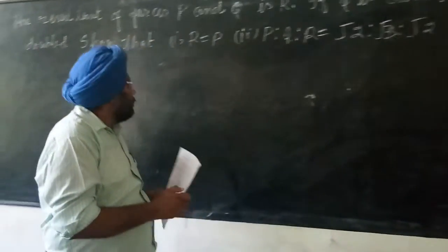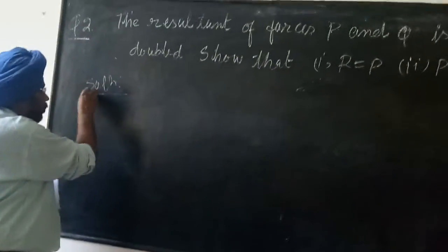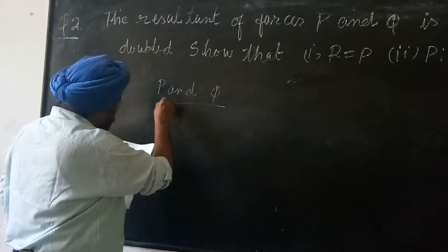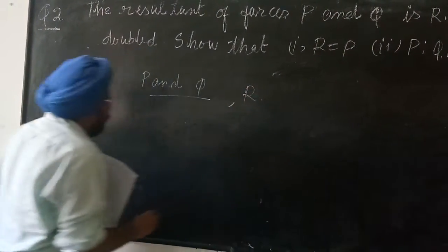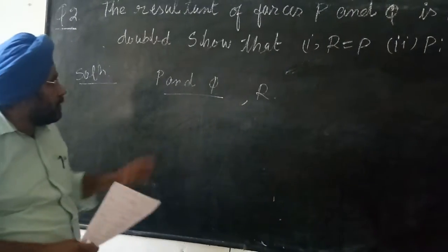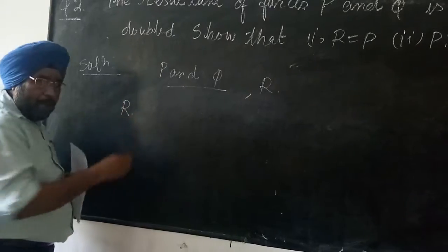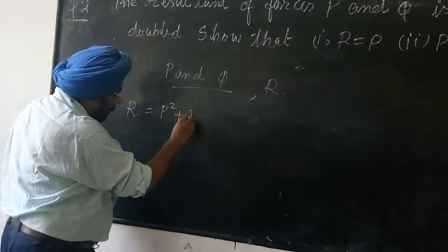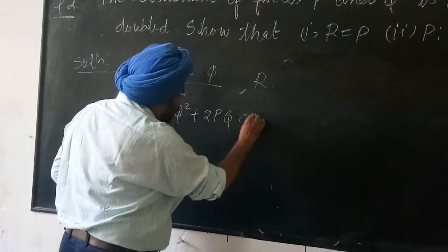So the solution of the problem: the two forces are P and Q. Let R be the resultant force, and theta the angle between the forces P and Q. Then, as per the parallelogram law of forces, R is equal to square root of P square plus Q square plus 2PQ cos theta.